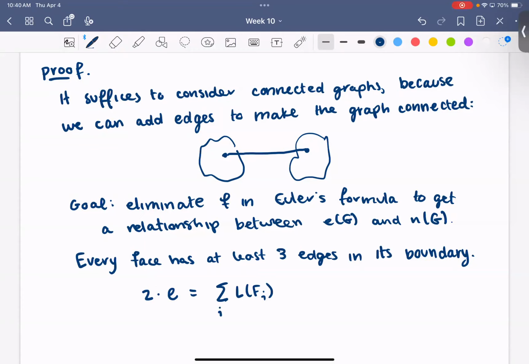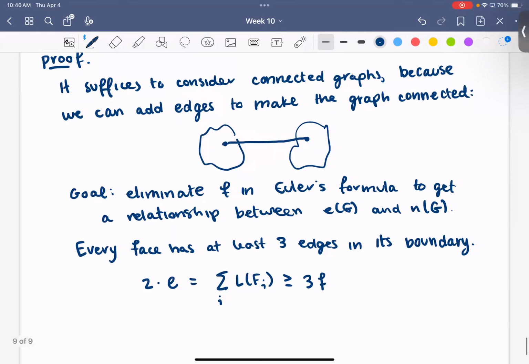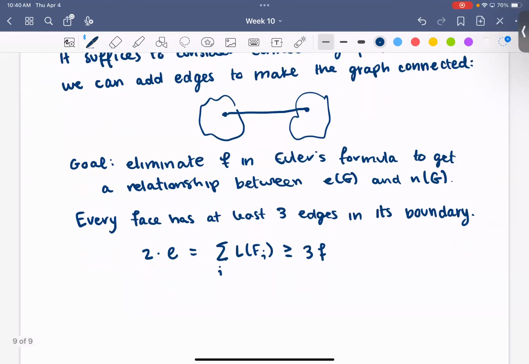And now we're saying that this is greater than or equal to 3 times the total number of faces, right? Because I'm going to count up the length of each face, and we just said that the length of each face had to be at least 3. Okay, so now we're going to plug in Euler's formula.